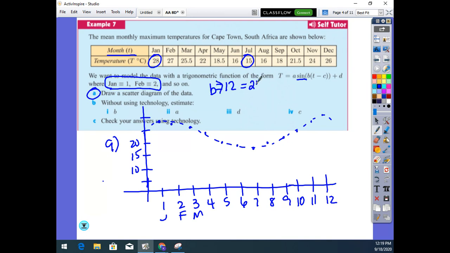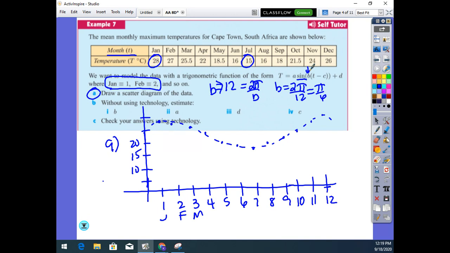We take 12 equal to 2 pi over B. So that means B equals 2 pi over 12, which is pi over 6. So anytime this is measured numerically, the number that goes here is going to have pi in it.